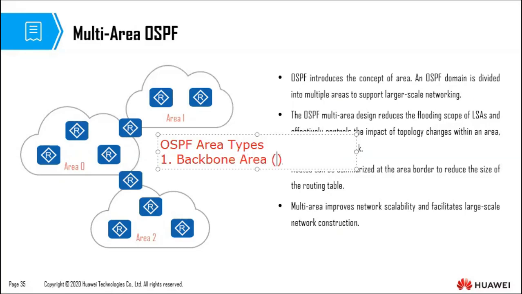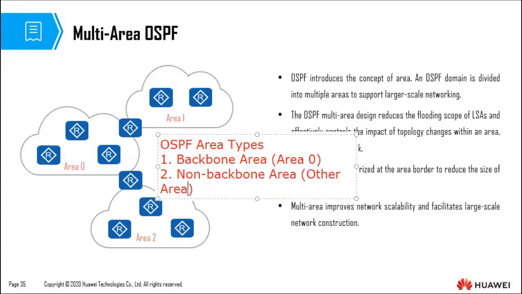Normally area 0 is what we call the backbone area. Then the other ones are referred to as non-backbone areas. So these are other areas. So don't forget that. So area 0 is what we call the backbone area.